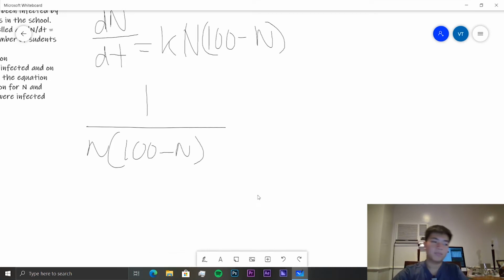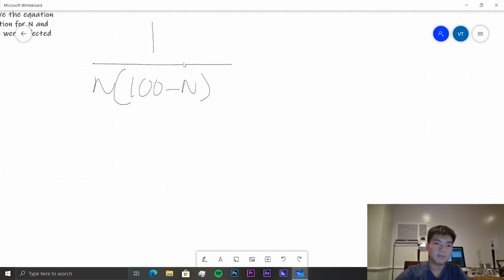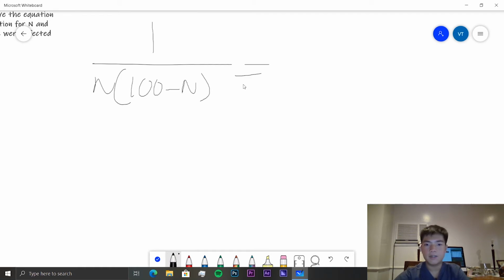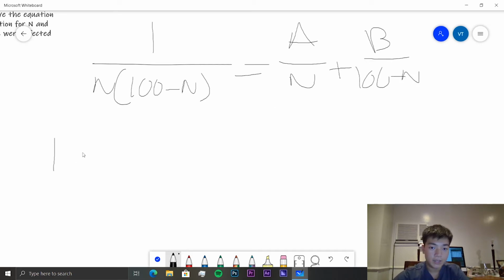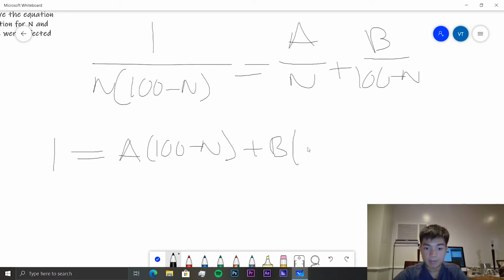So I realized that we actually have to decompose this into partial fractions, which I should have realized a lot earlier. So we know that we can arrange this into something like a over n plus b over 100 minus n. So we have 1 is equal to a times 100 minus n plus b times n.